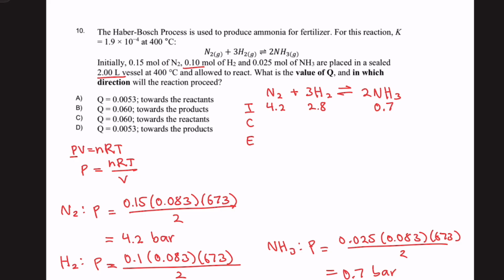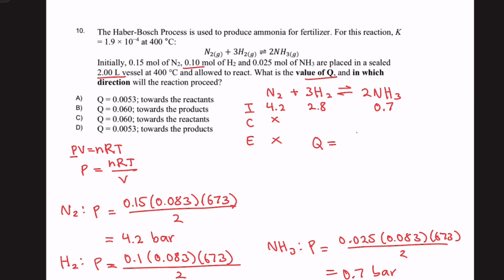Now, unlike what we did with K calculations, this is asking for the value of Q, and Q is a value which is not at equilibrium, so we actually don't have to calculate the change or the equilibrium for any of these. We only care about the initial value, so we can calculate Q with only the initial values.